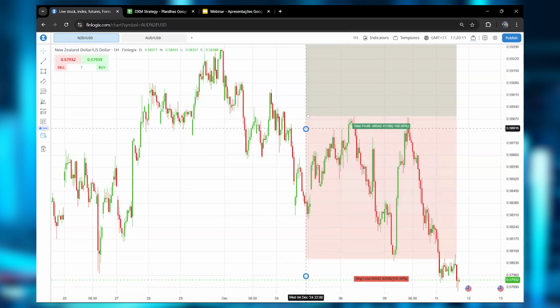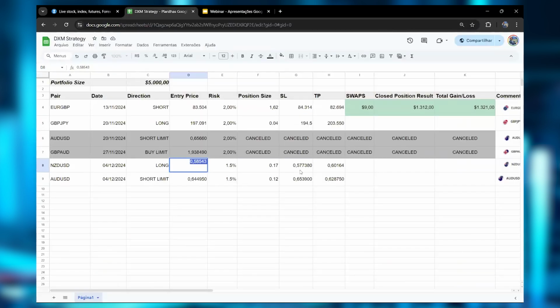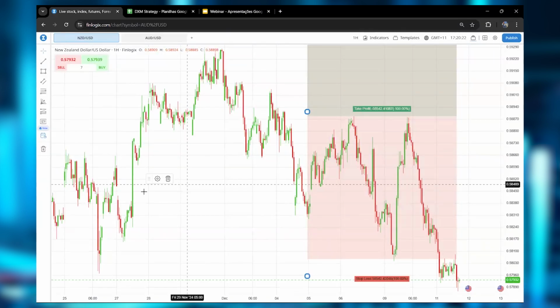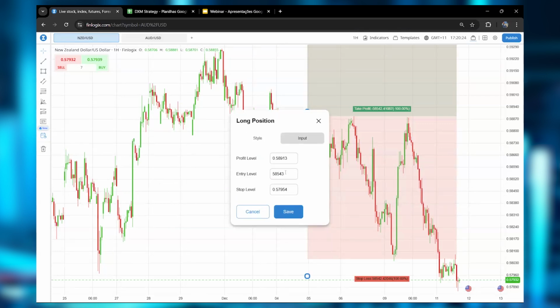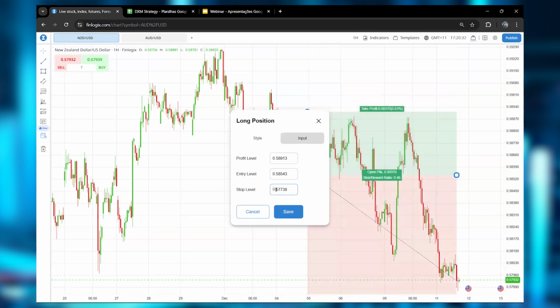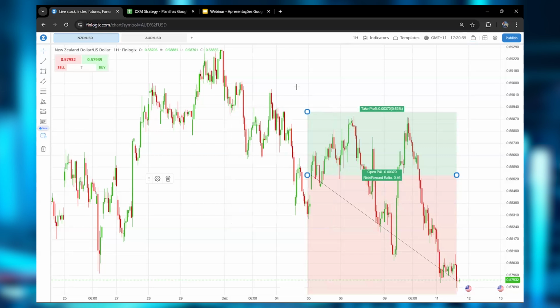And then stop loss was on 0.57700. I don't know why it's not on here already, because it was supposed to. Okay, that's it. Yeah.